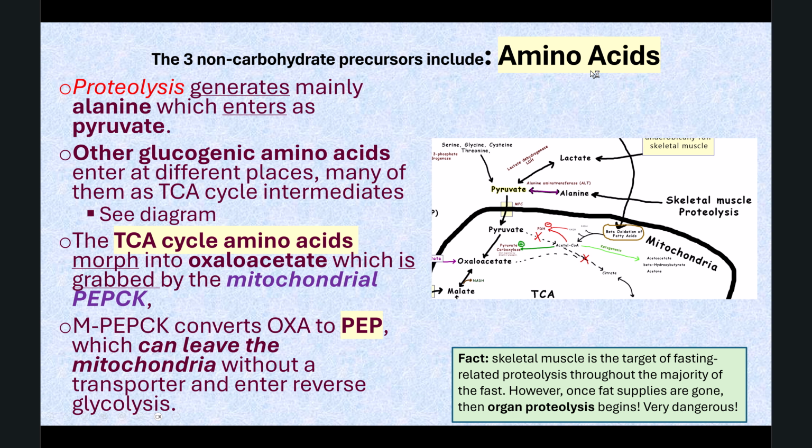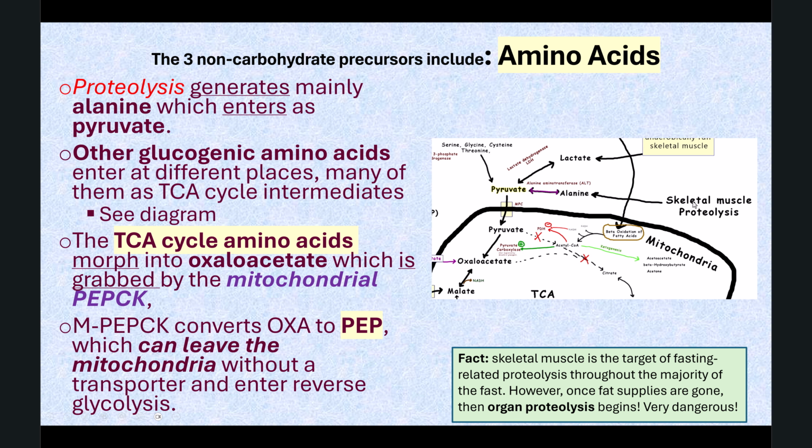What about amino acids? Where do they come from? So again, about 5%, and that number varies, but a small percentage of skeletal muscle cells are always running anaerobic glycolysis, and they are also contributing to lactate here, as we said. But I just wanted to throw that in. Amino acids, where do they come from? Well, they come from skeletal muscle proteolysis.